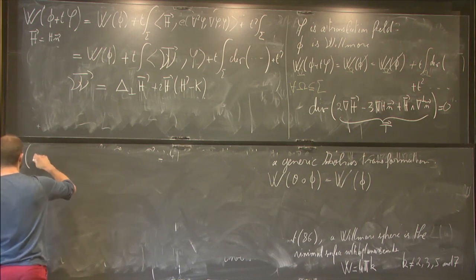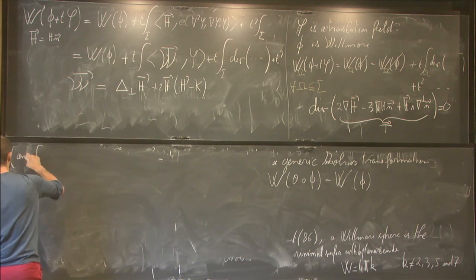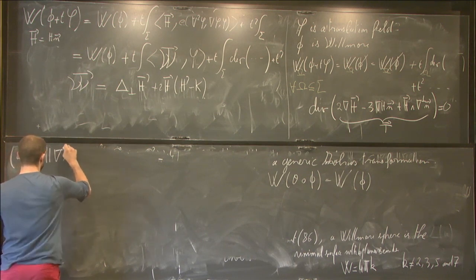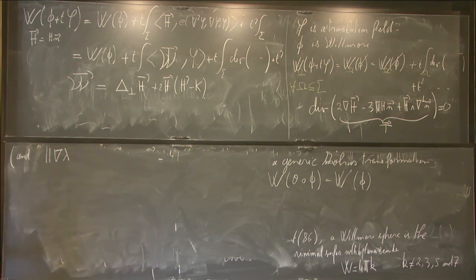I put it in parentheses because you don't need it for the disk, but as soon as the conformal class degenerates, it's an important hypothesis. Sorry, here I write lambda without making it explicit. And all my immersions are conformal.